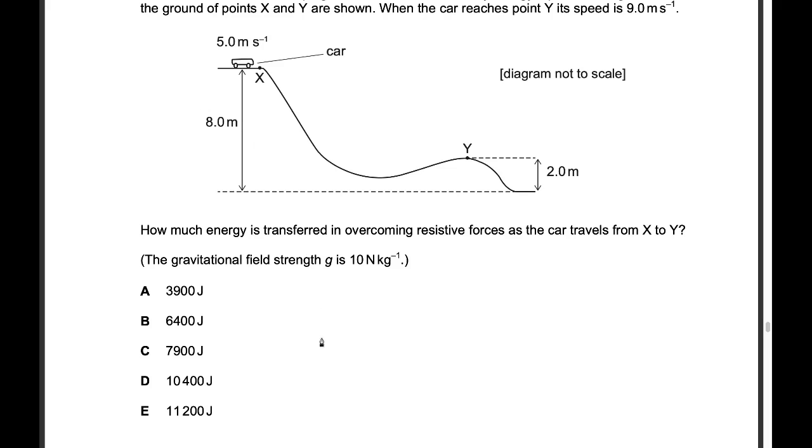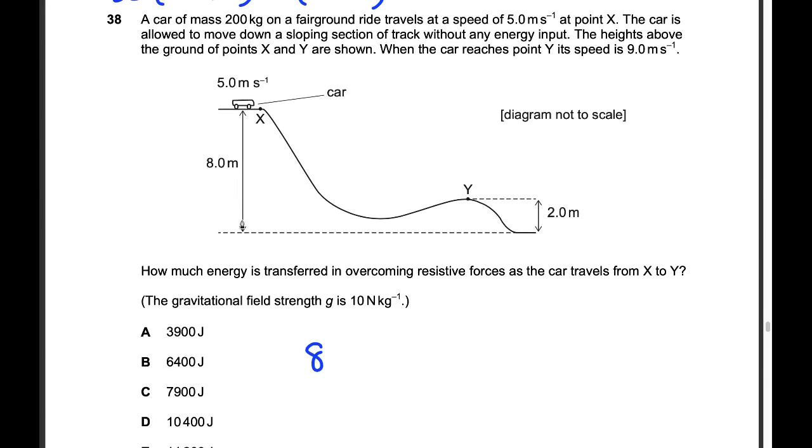we know that our change in energy overall is going to equal our loss of energy due to these resistive forces. So let's work out our energy at the start and our energy at the end. So at the start we have 8. This is working out the gravitational potential. So I'm using mgh.